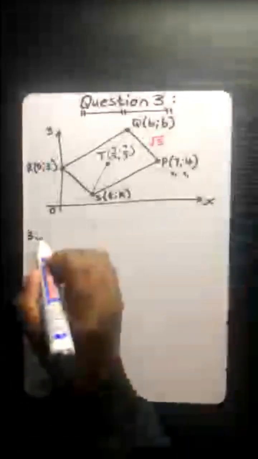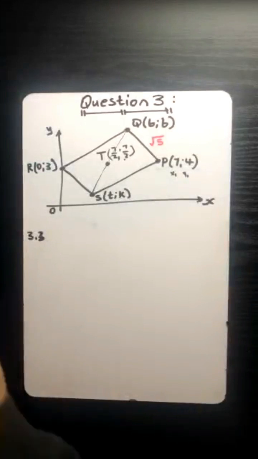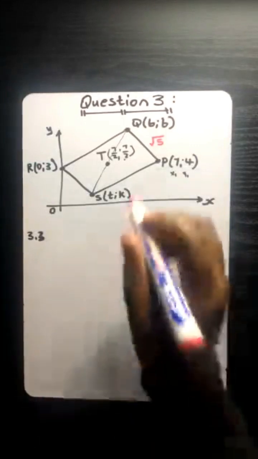And that question, what is it? 3.3. But most importantly, let's not forget that the coordinates of S are just 1 and 1.